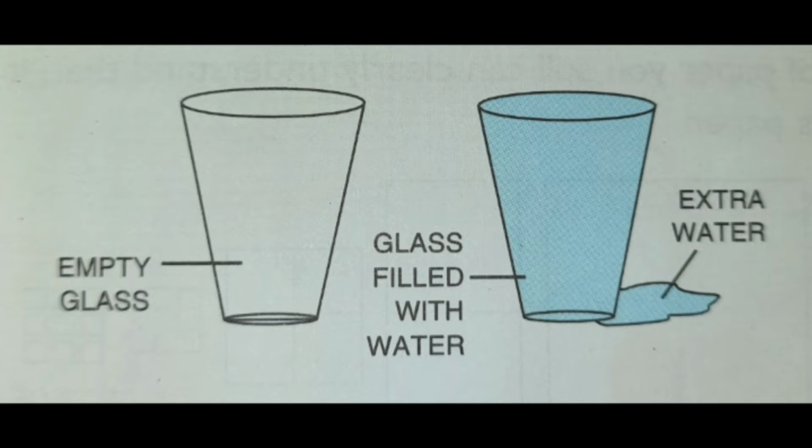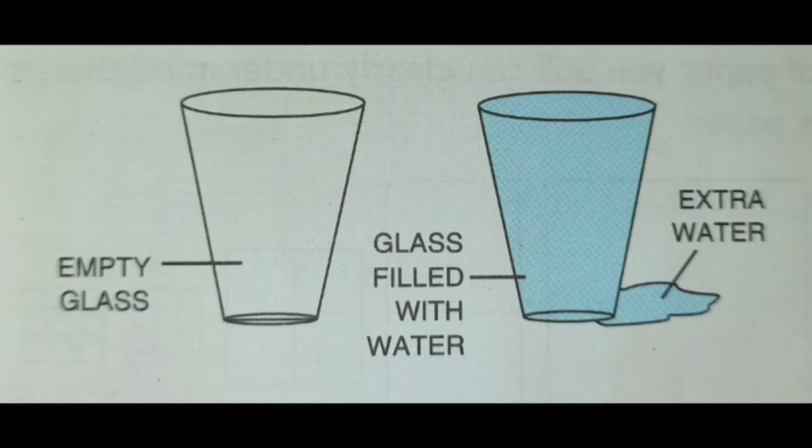So here I'm taking one empty glass and then we can start the main activity. Also we have to take one bottle full of water. Here you can also take two glass tumblers. By this you can also do this activity. So I am discussing this with two glass tumblers.